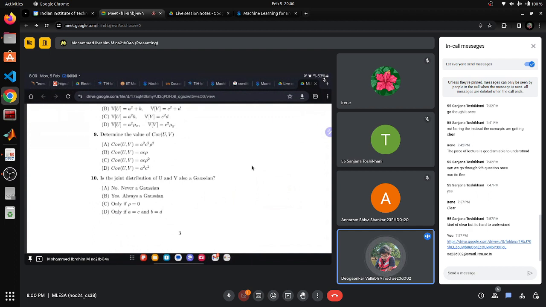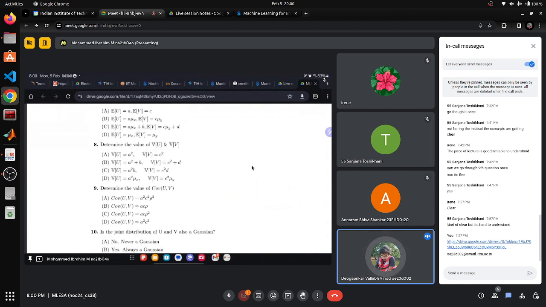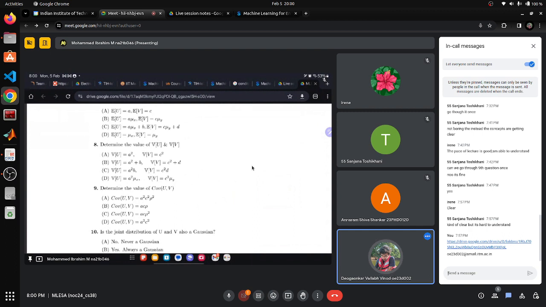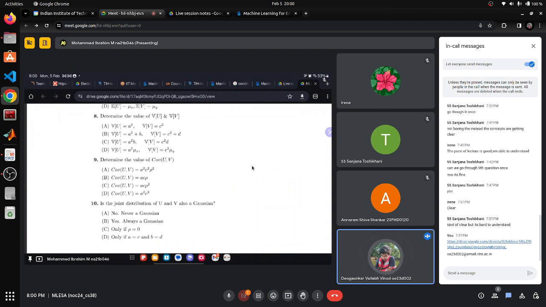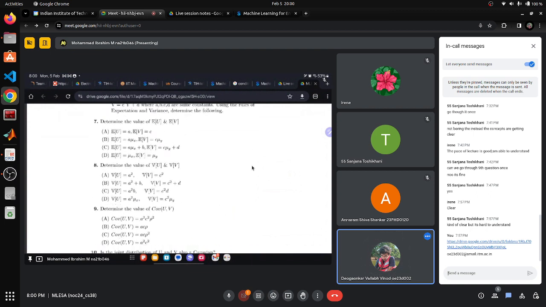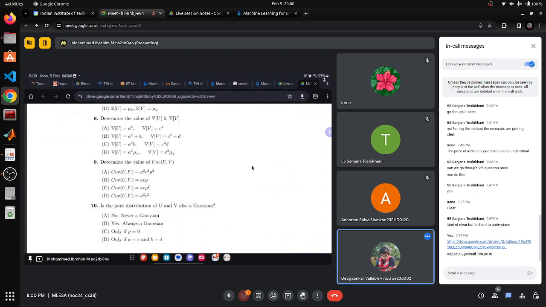And we have essentially calculated all the parameters required to define that distribution as well. So you have the mean of u and v, you have the variance of u and v, you have the covariance of u and v. So you have all the terms related to it. So yeah, that's it.